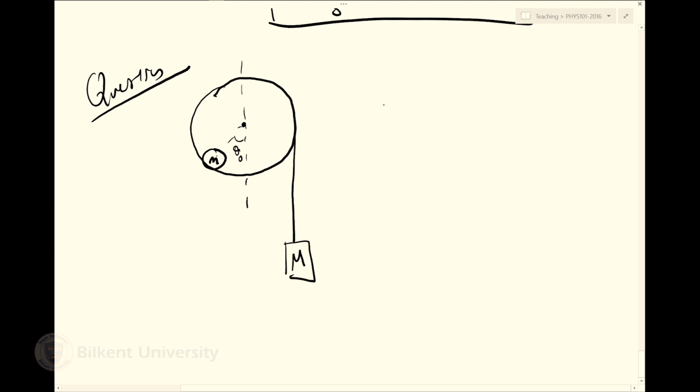So again, a massless pulley with small m attached to its edge.